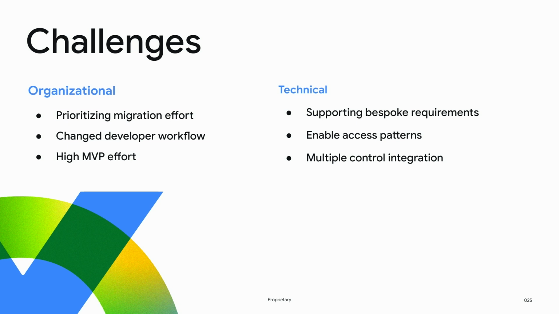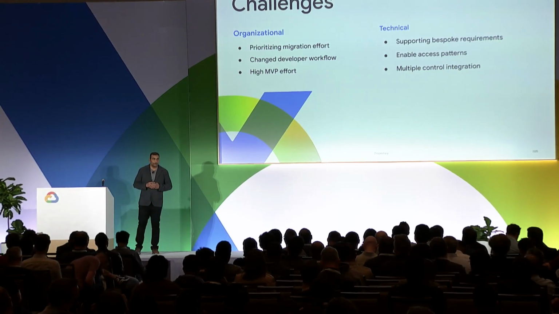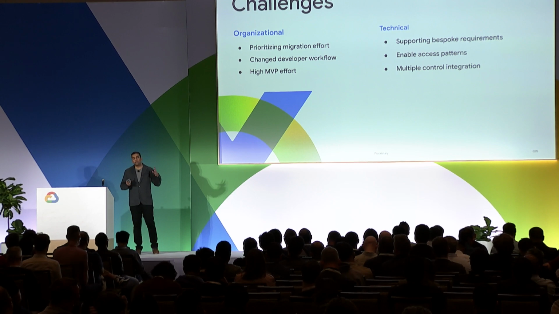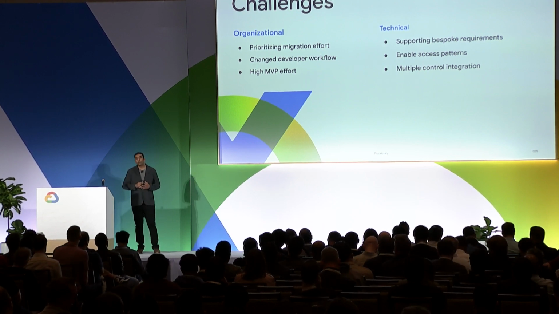The second organizational challenge was changing the developer workflow. We were moving to no-touch production, where you cannot mutate the production environments directly. Again, for developers in the room, you'll understand changing any workflow or behavior is not super welcoming.